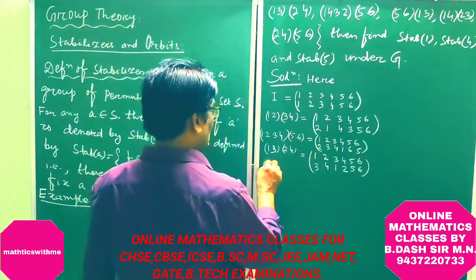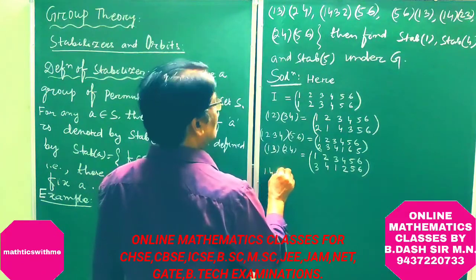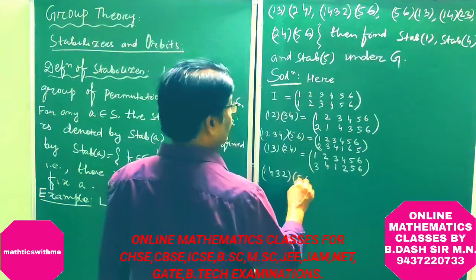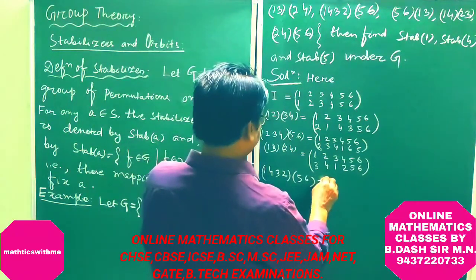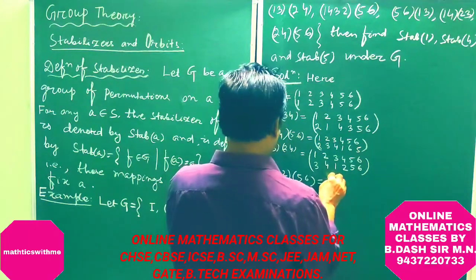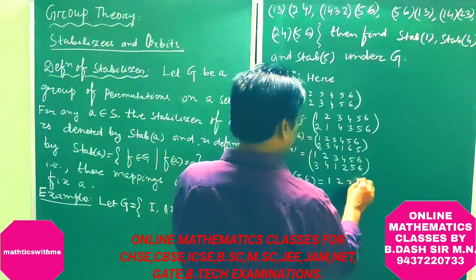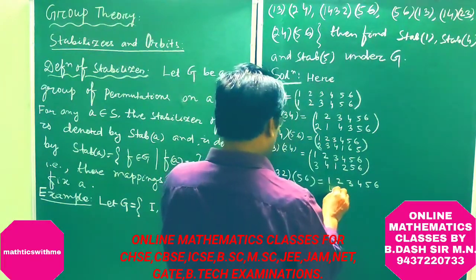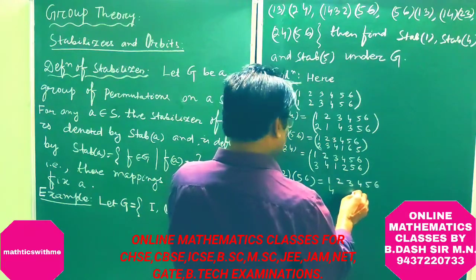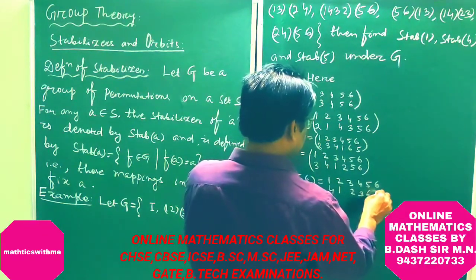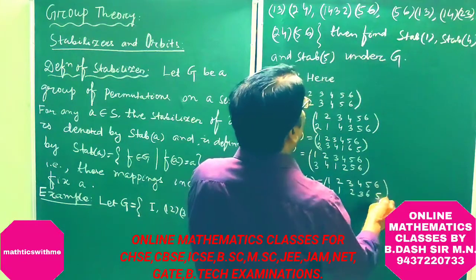Then (1 4 3 2)(5 6). So this will be 1, 2, 3, 4, 5, 6. 1 related to 4, 4 related to 3, 3 related to 2, 2 related to 1. 5 related to 6, 6 related to 5.